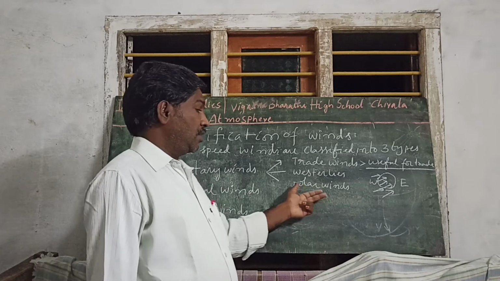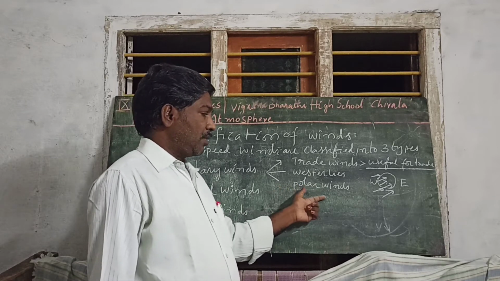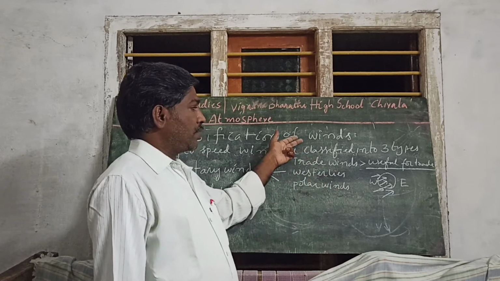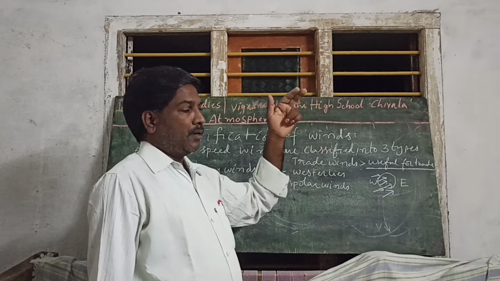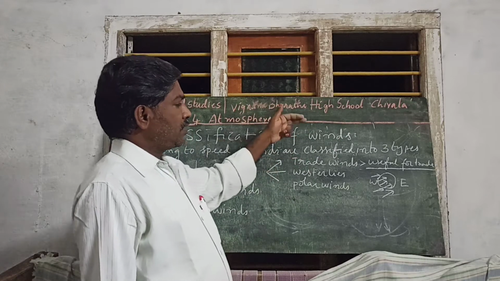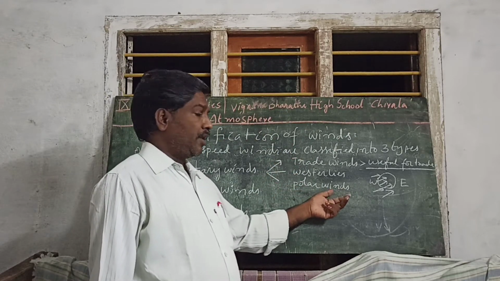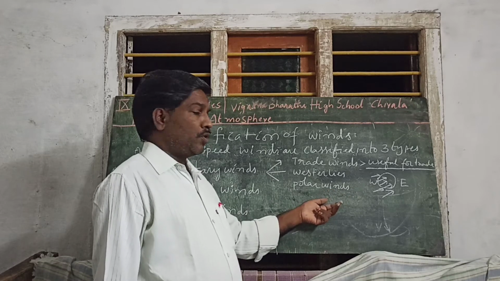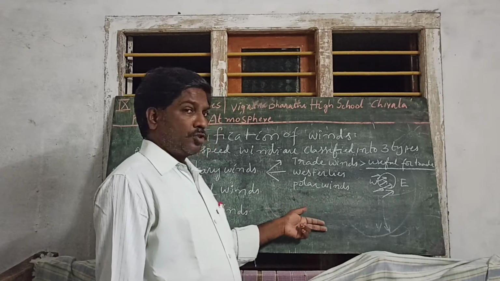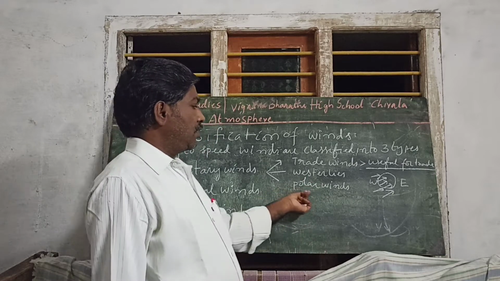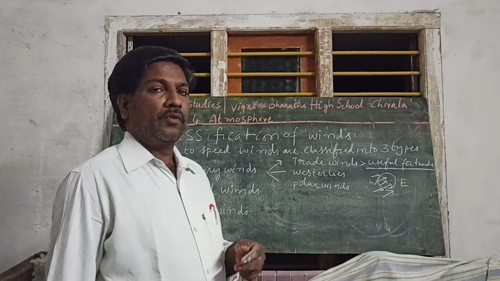Here is a low pressure subpolar area, and here also a low pressure subpolar area. The winds coming from the North Pole area to the subpolar zone and the South Pole area to the subpolar zone are known as polar winds.